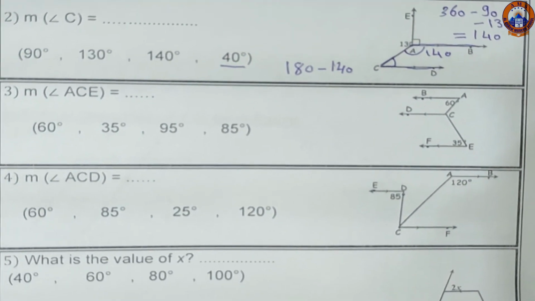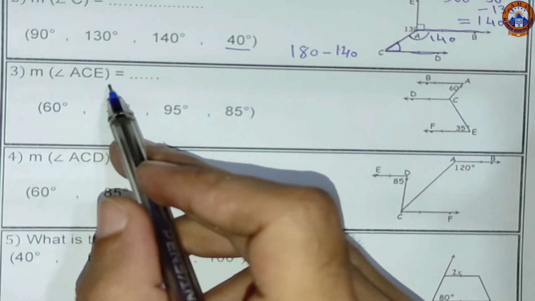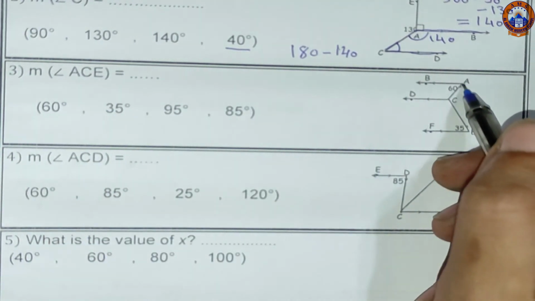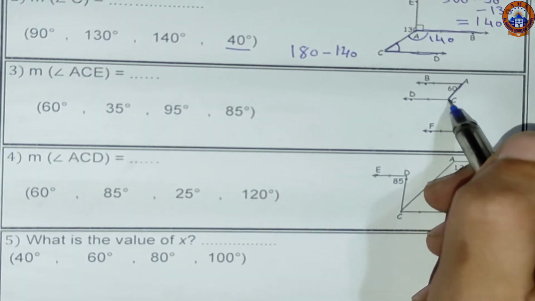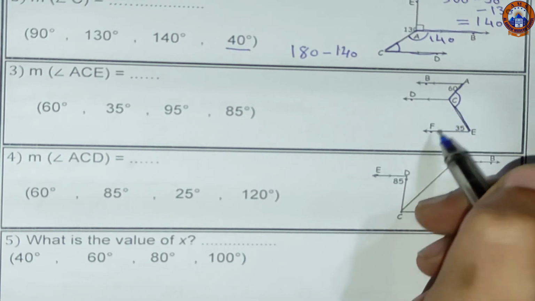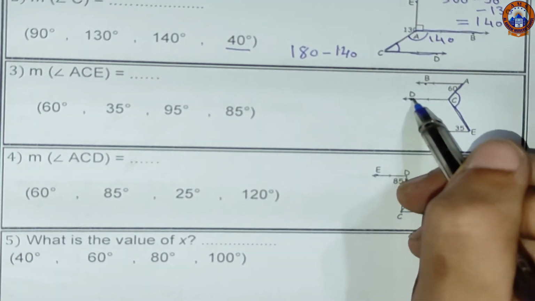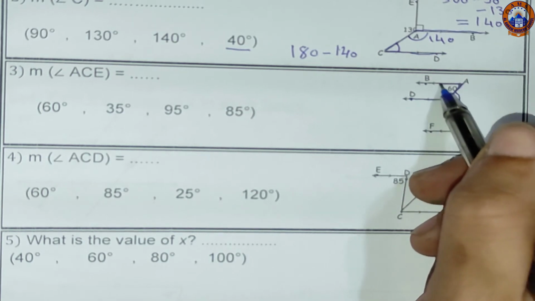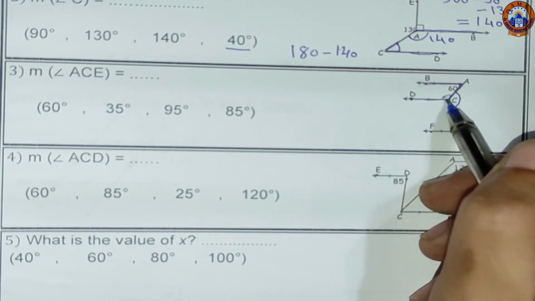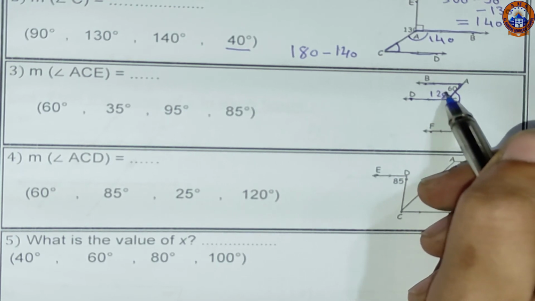Question number 3. We need to find measure angle ACE. So we're gonna have A and move to C, then down to E, this angle that we need. First, we have an angle of 60 and it is a U-shape with this angle. So this angle is 180 minus 60, it's 120.